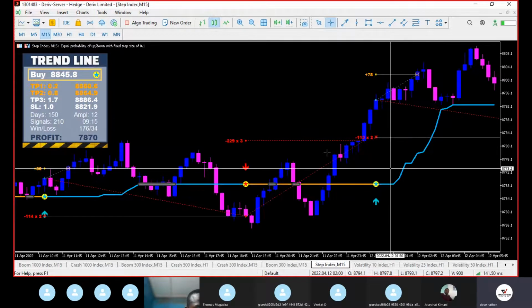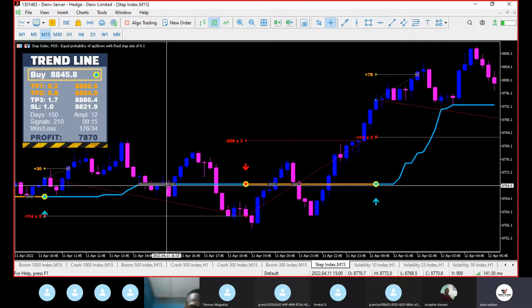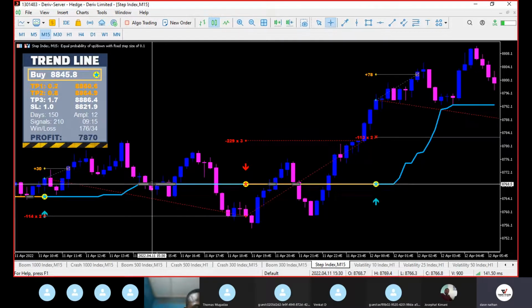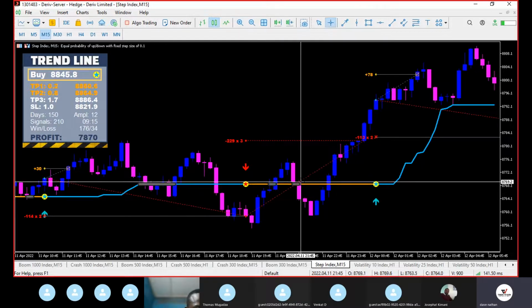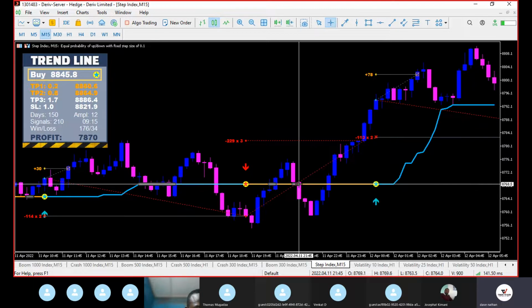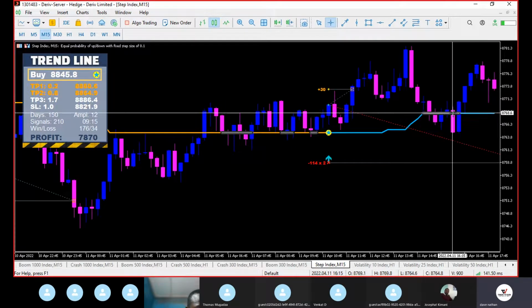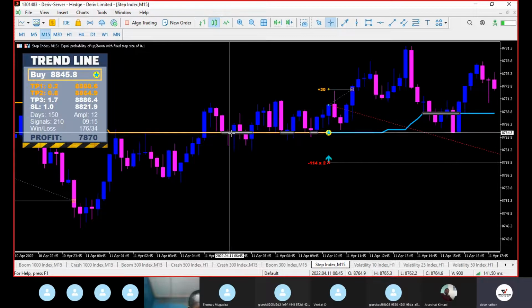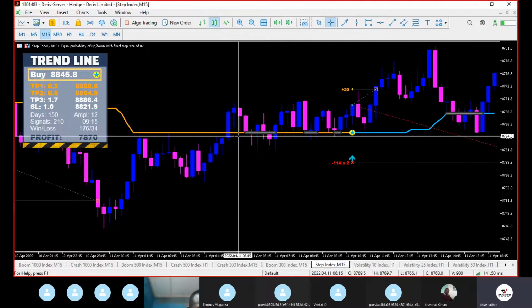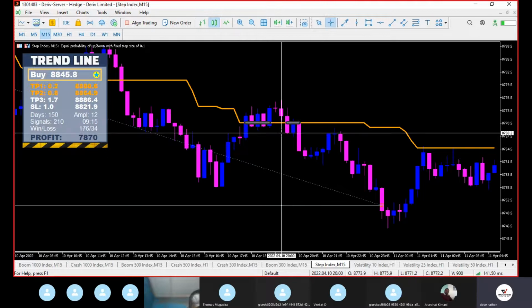Okay, so there is another color which is the gray color. Whenever the gray color appears, it's indicative that the market is ranging. Whenever the gray color does appear, example at this point, it's saying avoid taking trades at this point, and so on and so forth.